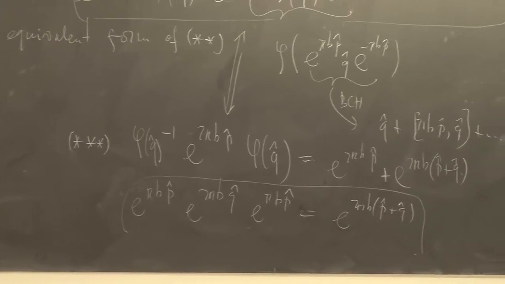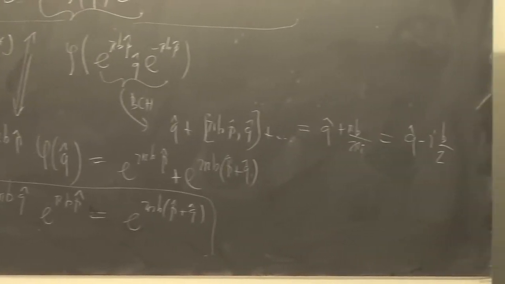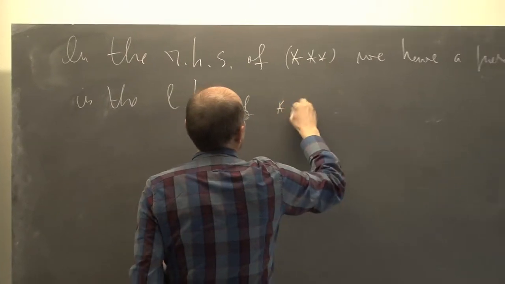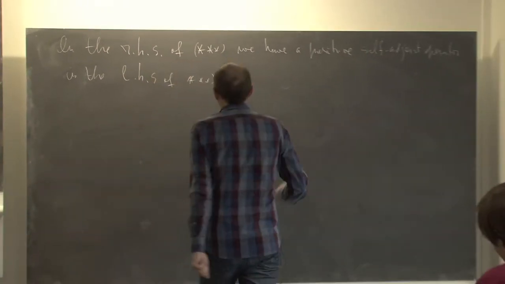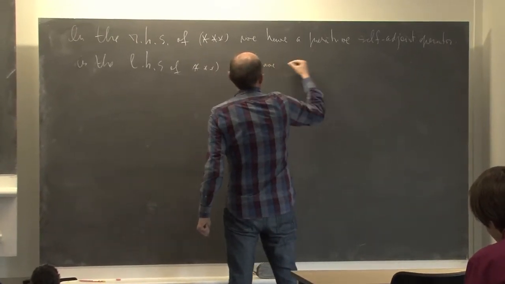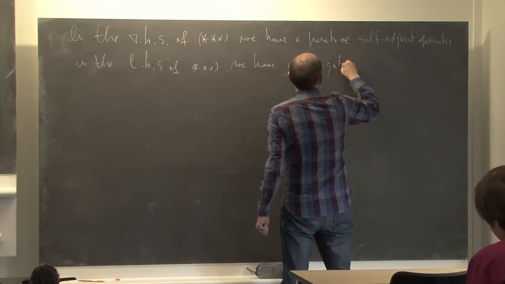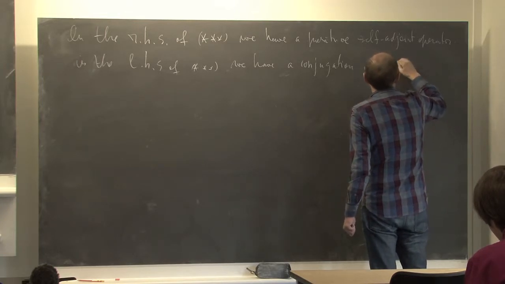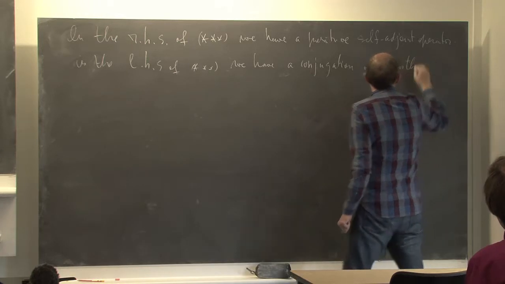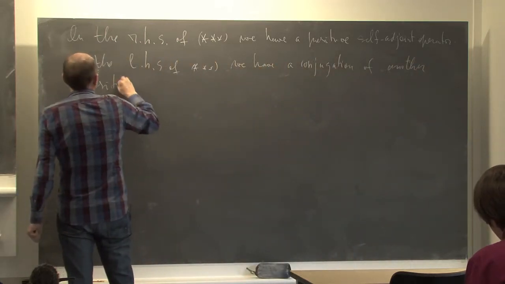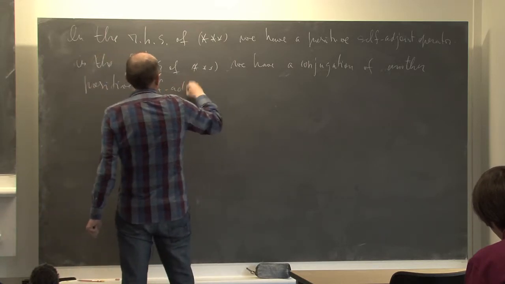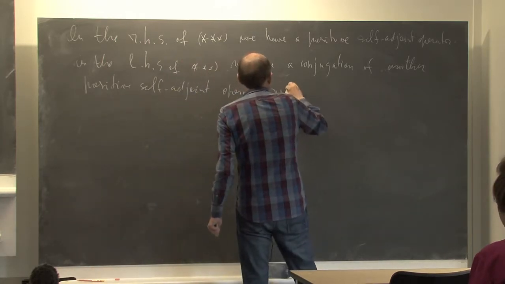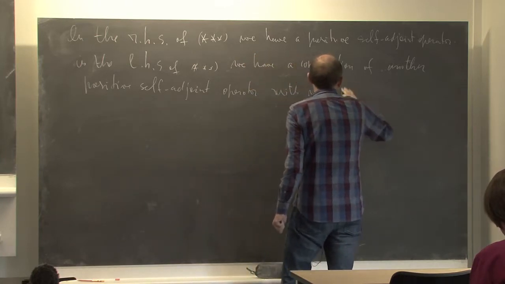Okay, and now, looking at the left-hand side, star, we have a conjugation of another positive self-adjoint operator with well-known spectral decomposition.